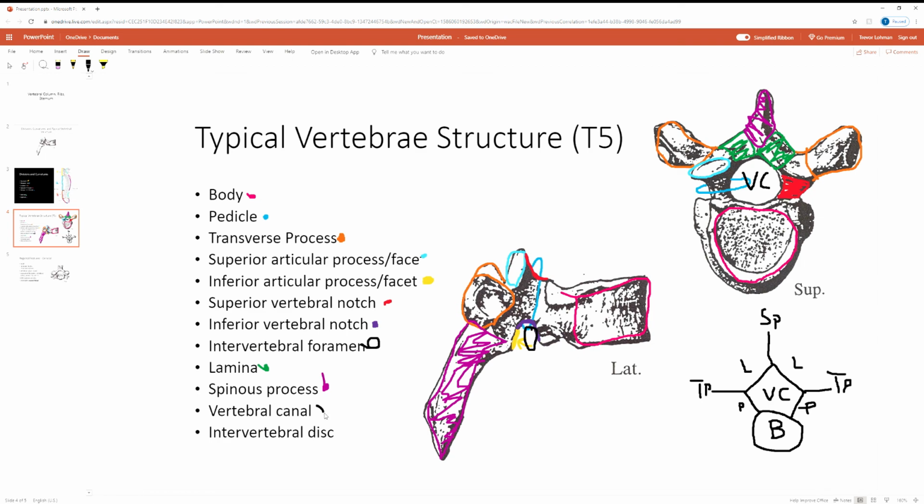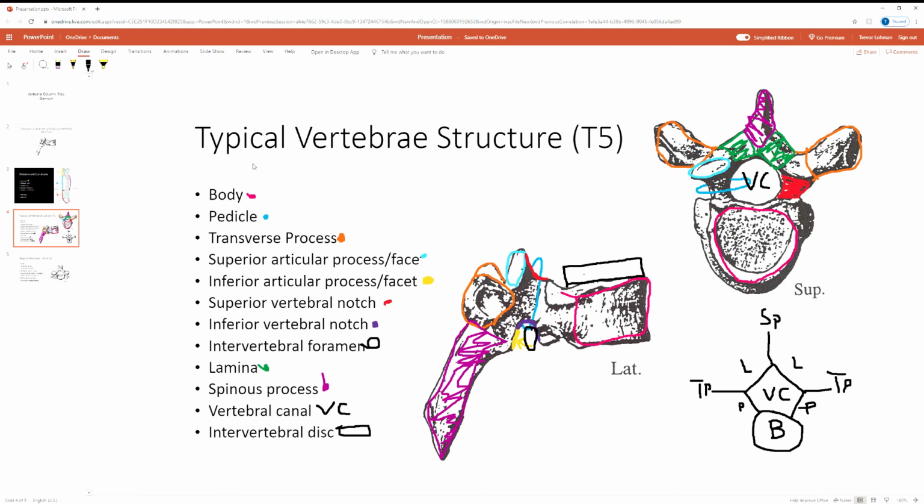Vertebral canal for our spinal cord. And then the last structure here you actually can't see, but we can just sort of draw in a pretend one. In between every pair of vertebrae, we have this fibrocartilaginous vertebral disc. So I've just sort of drawn one in there.